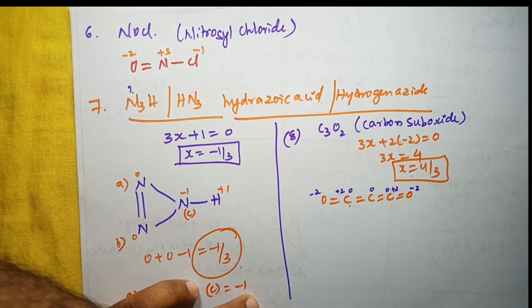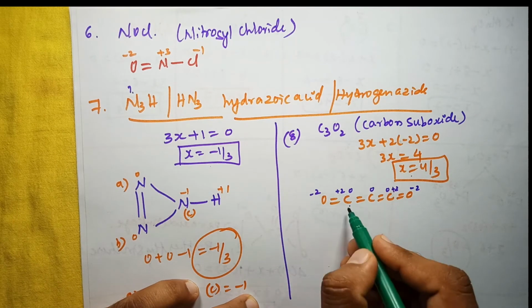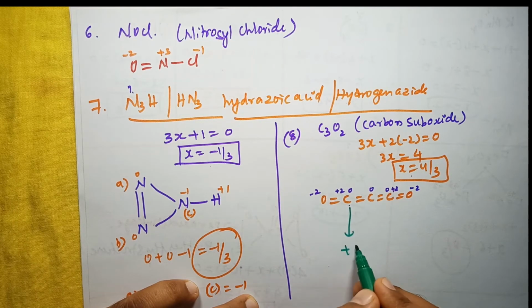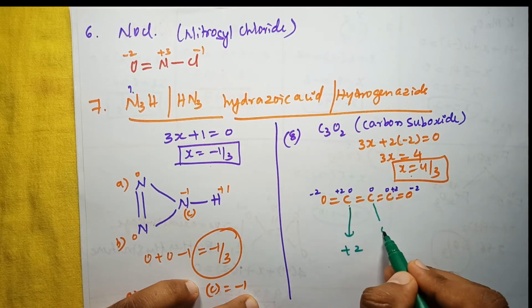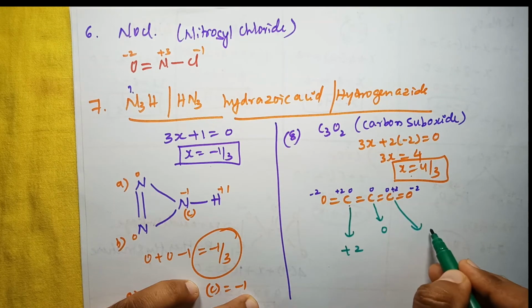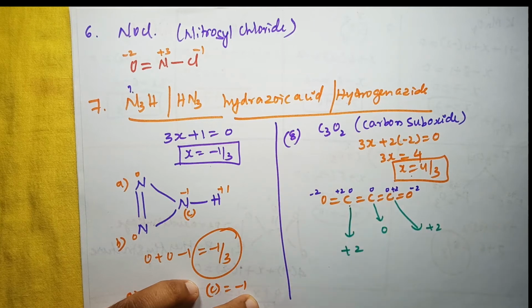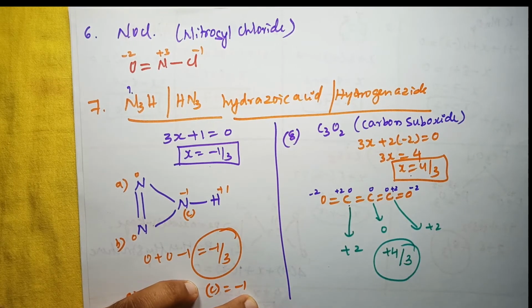So let's calculate here. Look here friends, this carbon has +2 oxidation state, this carbon atom has 0, this has +2. Let's add these numbers, we get +4. So how many carbon atoms are there? 3. So in this way we get 4/3.